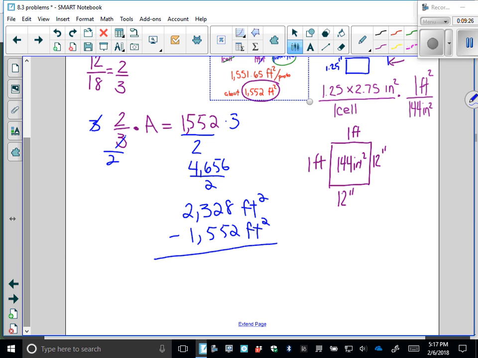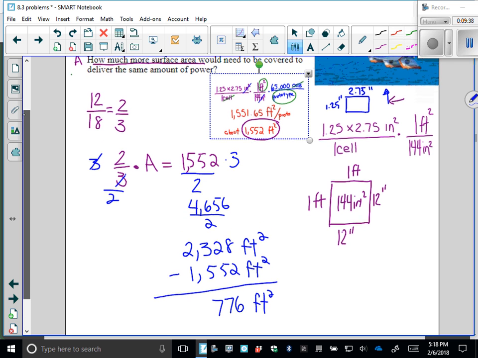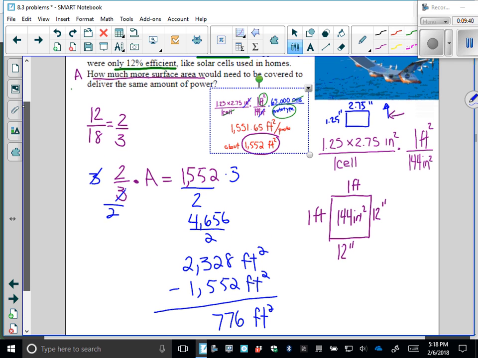And I'm doing that, and I get that I'm going to have to cover an additional 776 square feet of surface area to deliver the same amount of power.